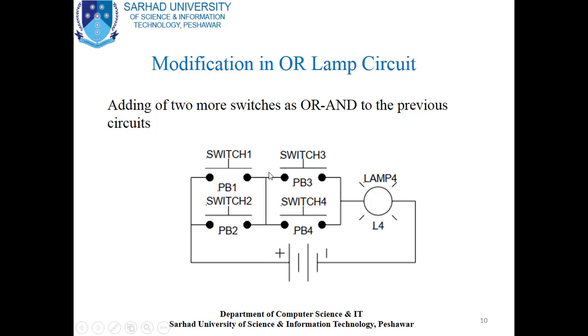Here you can see the circuit diagram of the modification in the OR lamp circuit. The terminal of lamp 4 has been connected with the negative terminal, and here you can see the positive terminal which is connected with switch 1 and switch 2. So this is the modification. We have added switch 3 and switch 4. Switching to the next slide.